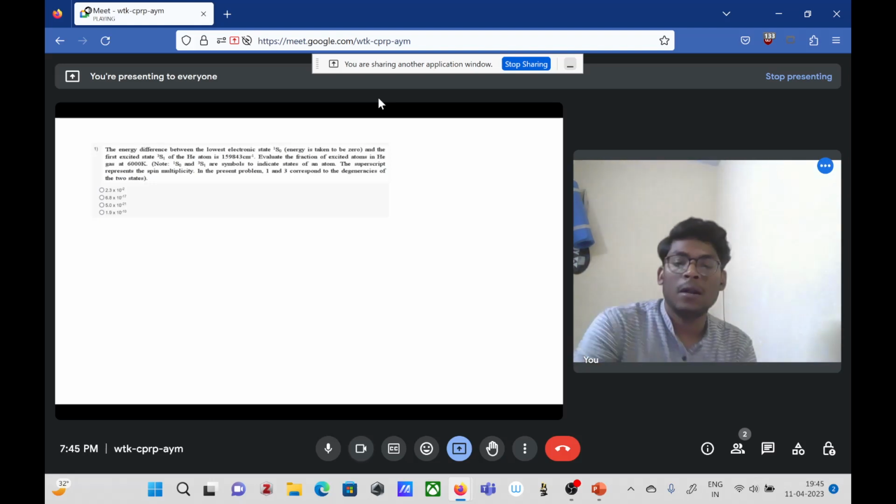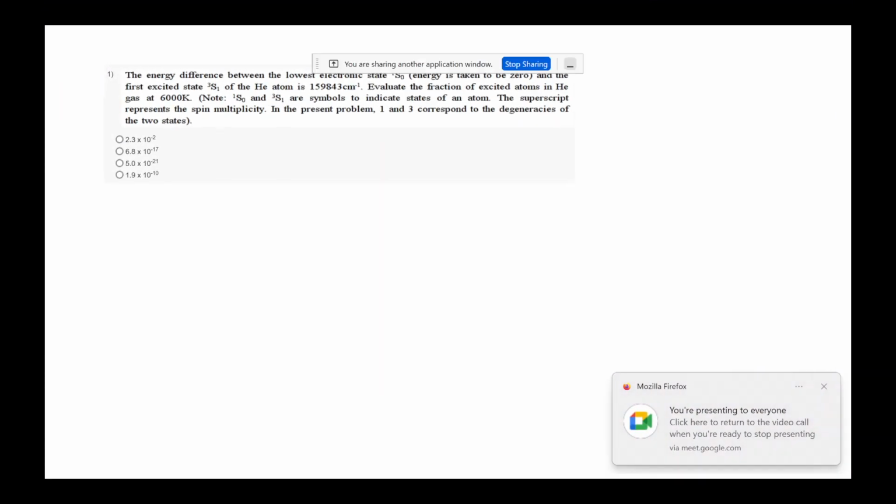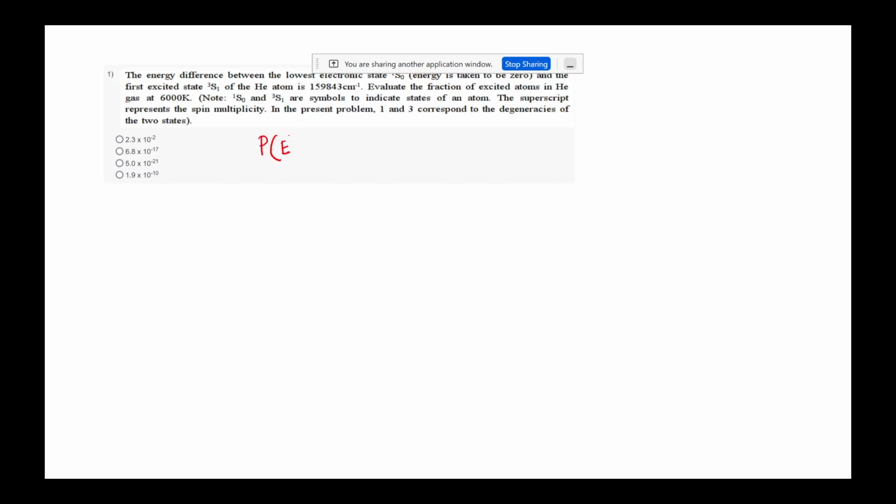Now the probability of that energy E is Gi e to the power minus beta E divided by Z. So we'll first write the Z. What is the Z?